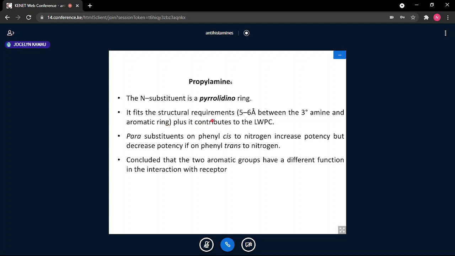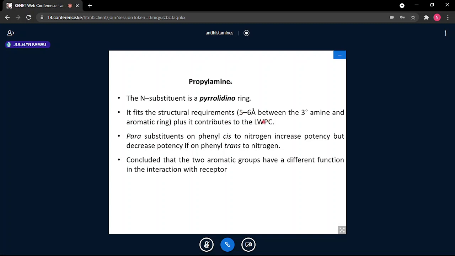It fits the structural requirements of 5 to 6 angstroms between the tertiary amine and the aromatic ring. And of course, that's what we have said, because of the constraint. Whenever it is part of a cyclic ring, there's a little bit of constraint, and therefore the compound is still able to meet the structural requirement for size. Plus, it contributes to the lipid-water partition coefficient.